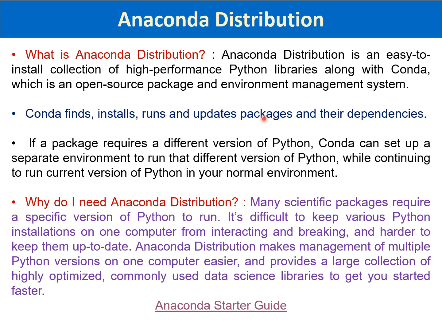So many packages are there, and a package may have been developed on the basis of a previous version of Python, along with other dependencies. Dependencies may include other packages. For example, GeoPandas, which is used for vector data analysis, is dependent upon Pandas.